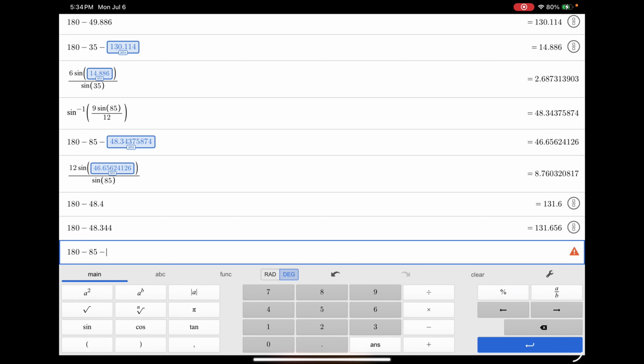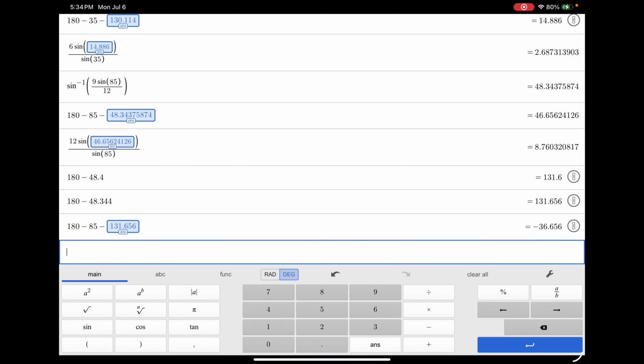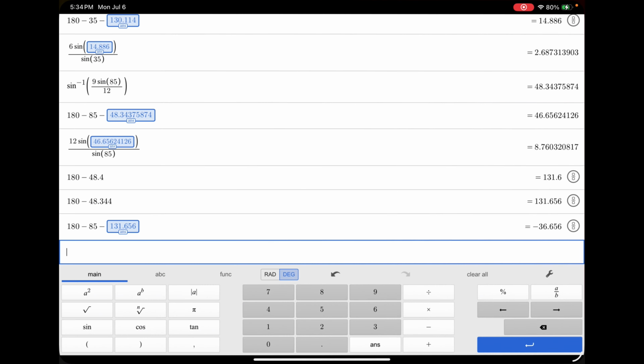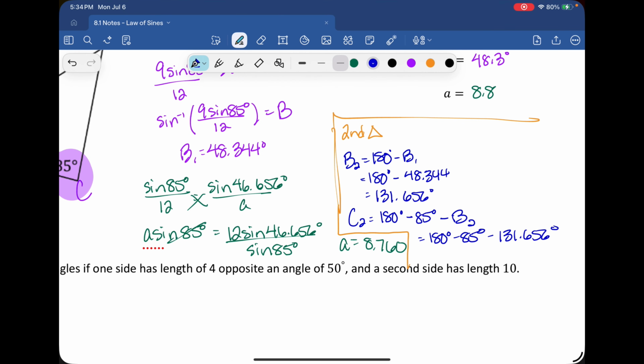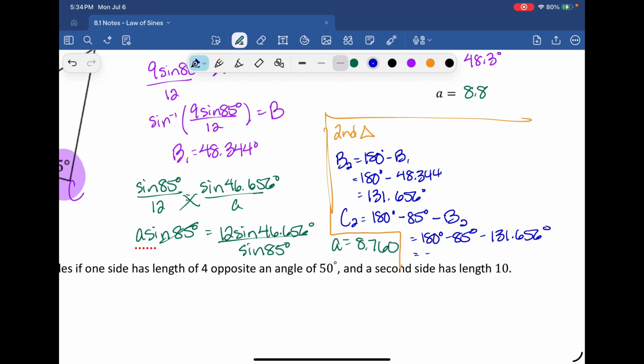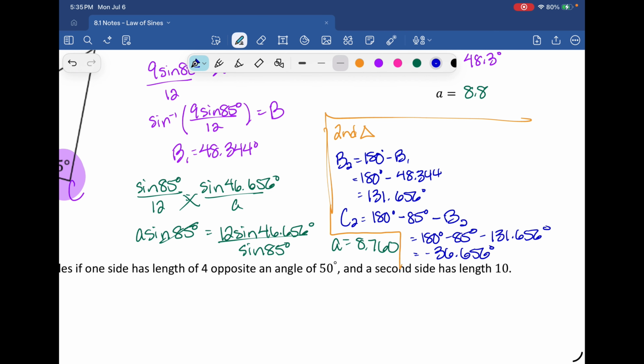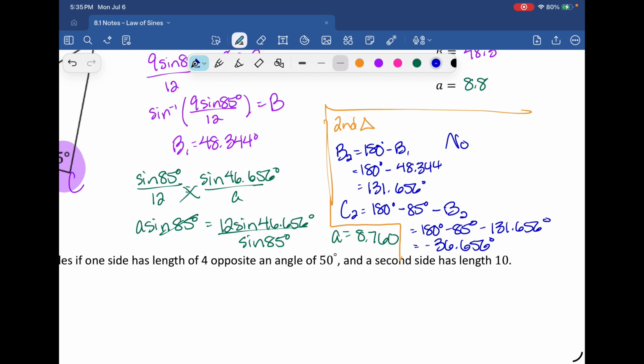And we see we get a negative. What was it? I already forgot. Negative 36.656. This angle should be positive for there to be a second triangle. Since this is negative, there is no second triangle.